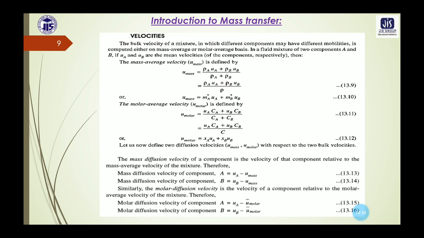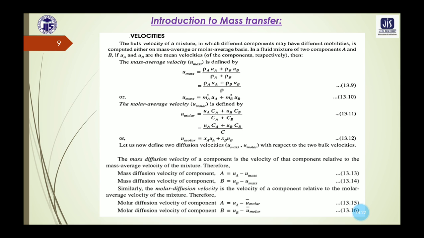In a fluid mixture of two components A and B, if UA and UB are the mean velocities of the components, then the mass average velocity U mass equals rho A UA plus rho B UB divided by rho, or U mass equals m star A UA plus m star B UB. In a similar manner, the molar average velocity is U molar equals x A UA plus x B UB.